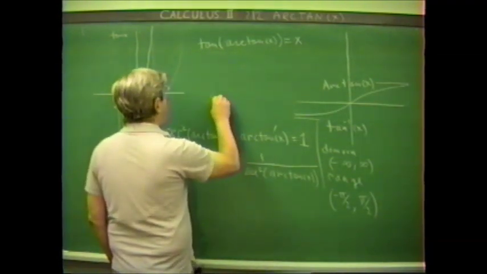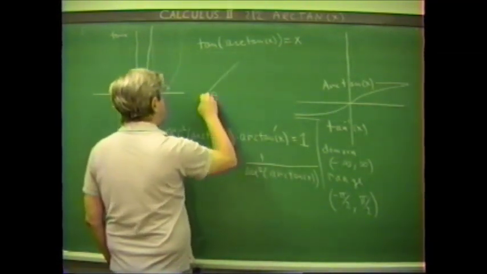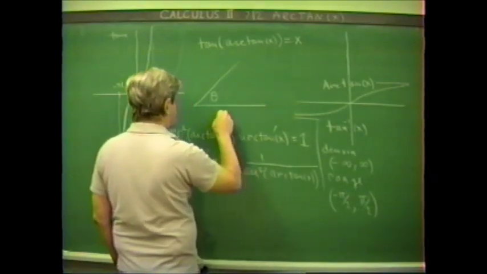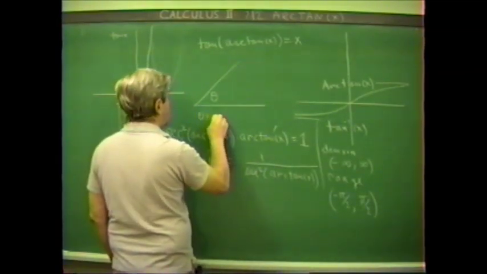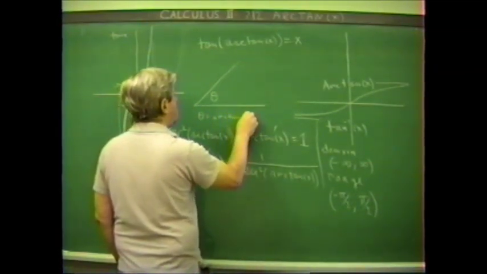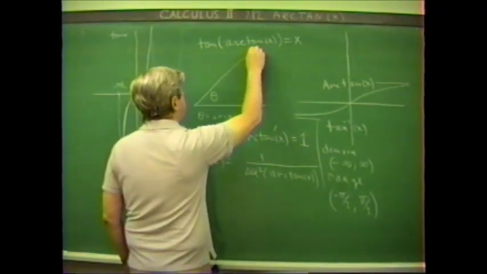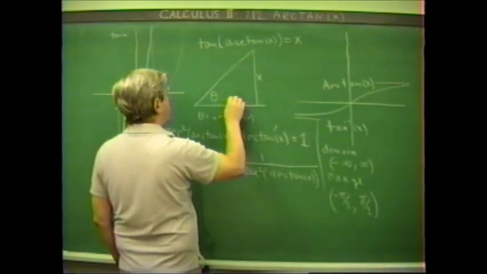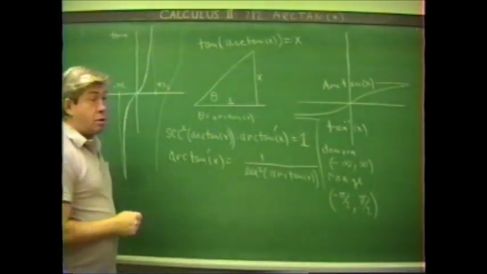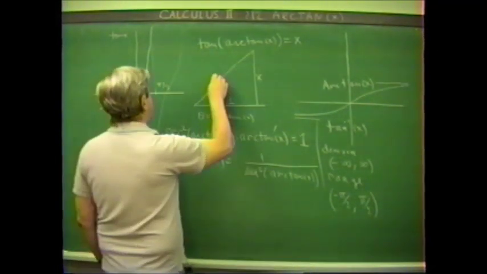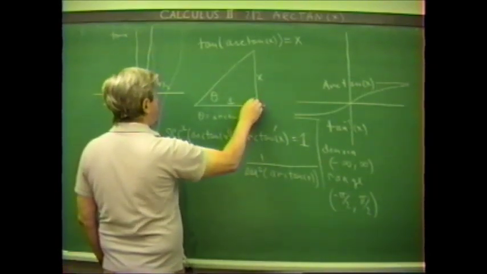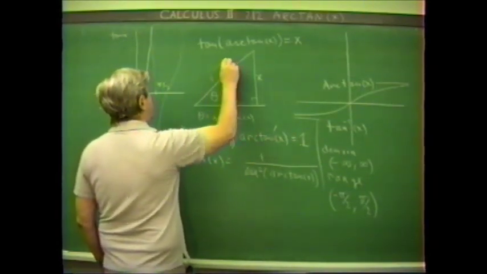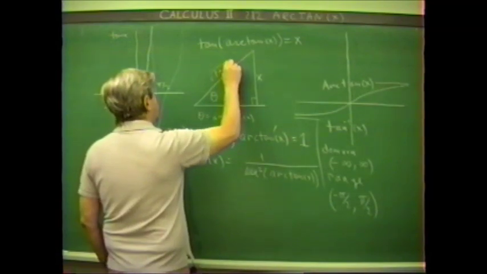If we let theta be the angle whose tangent is x, and we draw out a triangle here, then this side here can be represented by x, and this side by 1. And consequently, the third side of this right triangle is going to be square root of 1 plus x squared.